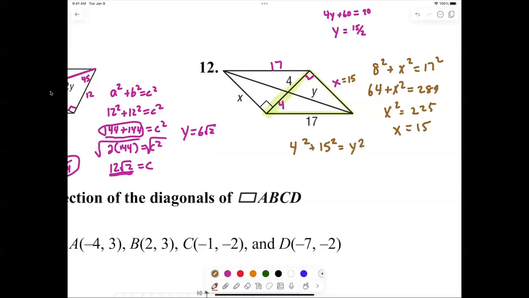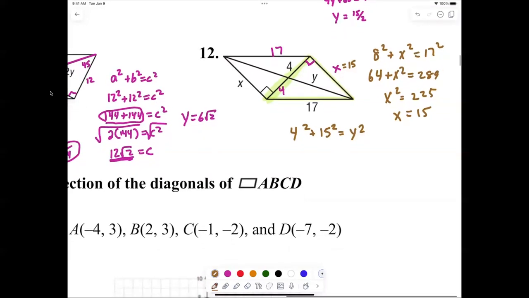You just figure it out. Let's get the square root of 241. I can't simplify.